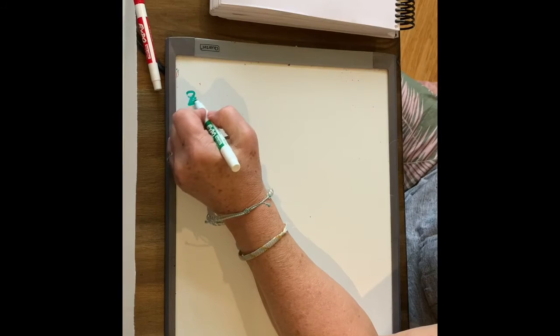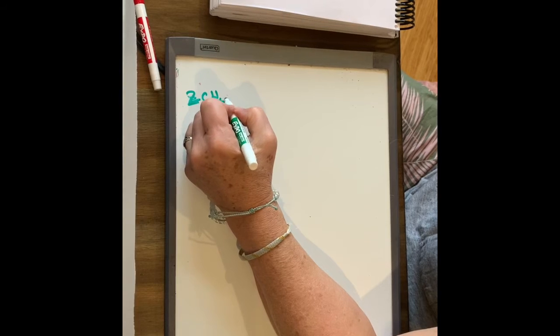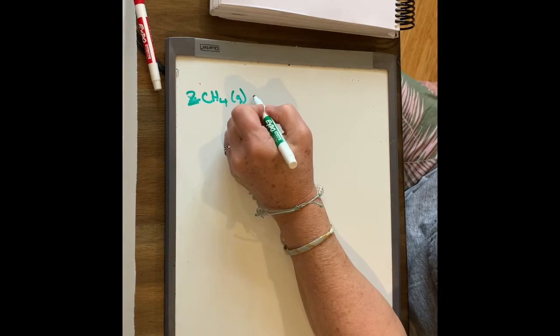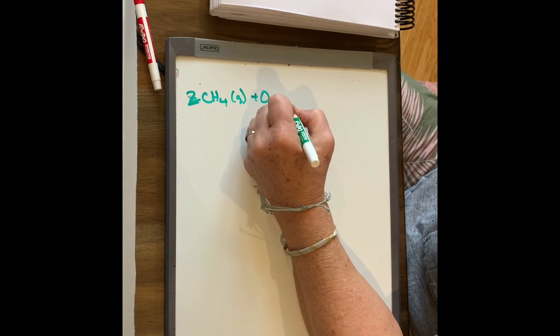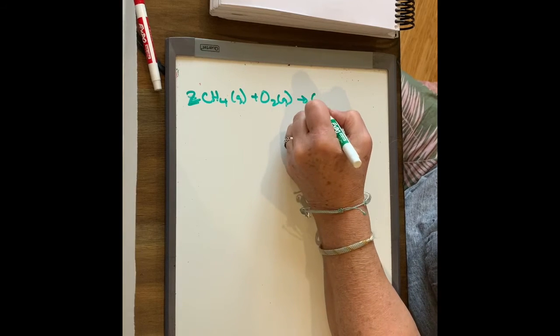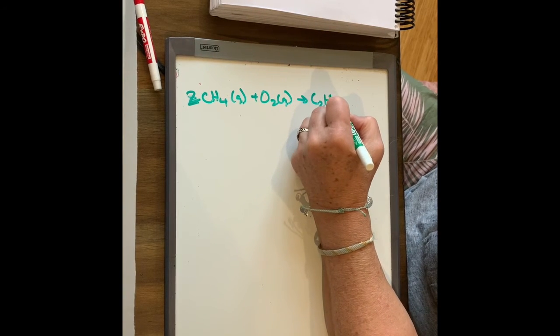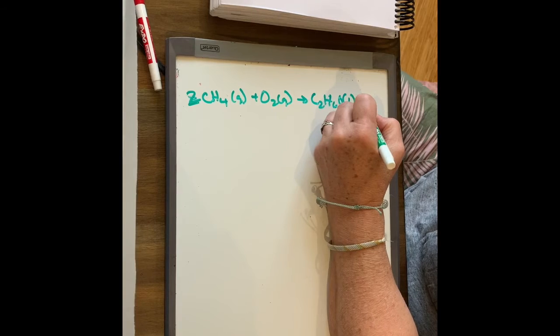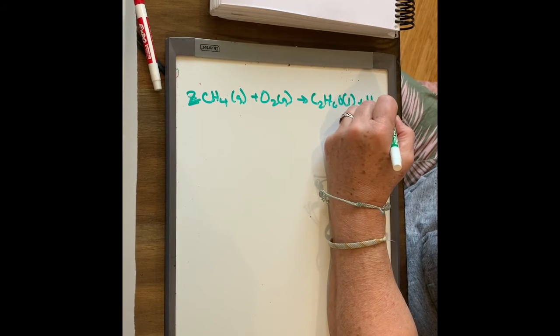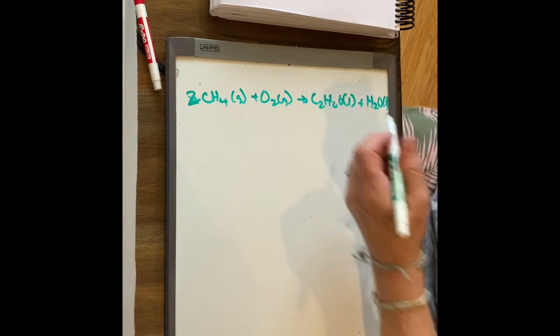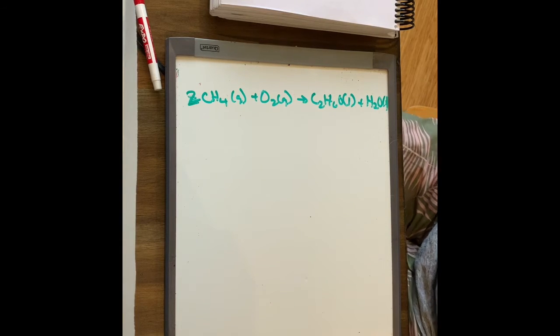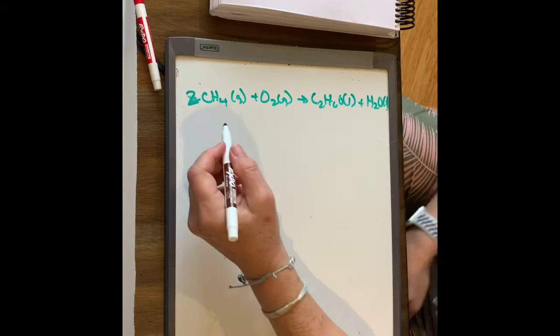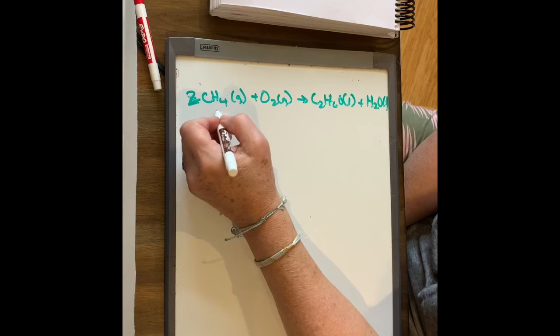All right. 2CH4, which is a gas, plus O2, which is a gas, makes C2H6O, which is a liquid, plus H2O, which is also a liquid. All right, so remember in your reading, Gibbs energy, again, we're doing the same thing.